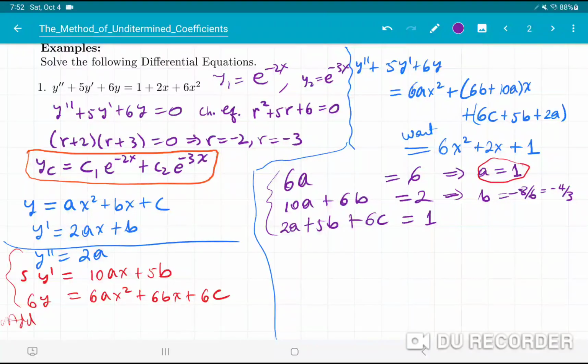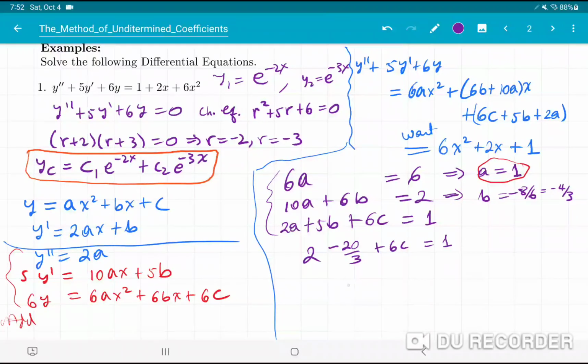So 2 times 1 is 2, 5b is minus 20/3, plus 6c. We want that to equal 1.